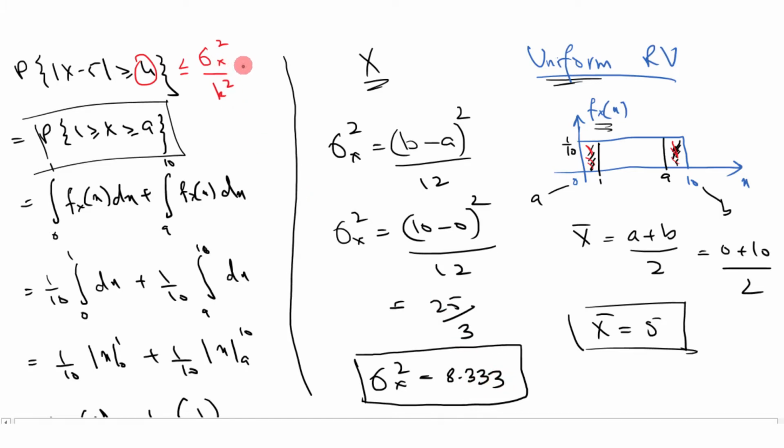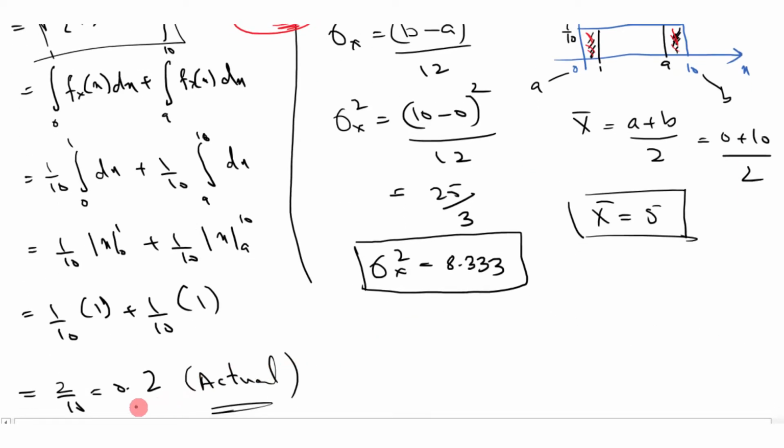Then it will be equal to 8.333 divided by 4 square, which is equal to 0.5208. So using the Chebyshev inequality you are getting this answer, whereas using this density function you are getting a probability of 0.2.